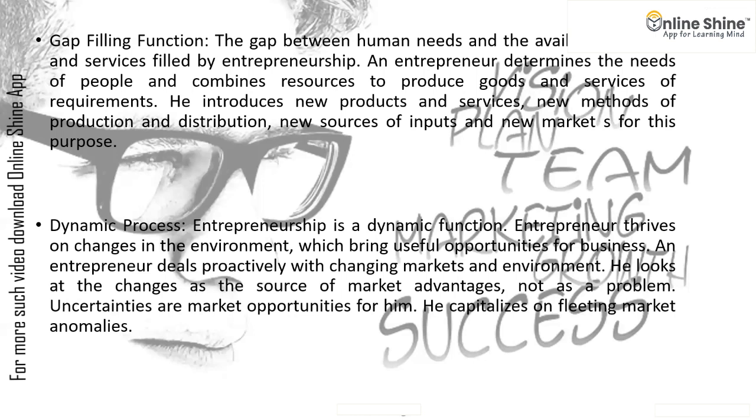Entrepreneurship is a dynamic function. That means it's always changing and has many facets to it. An entrepreneur thrives on changes in the environment, which bring useful opportunities for businesses. An entrepreneur deals proactively with changing markets and environment.